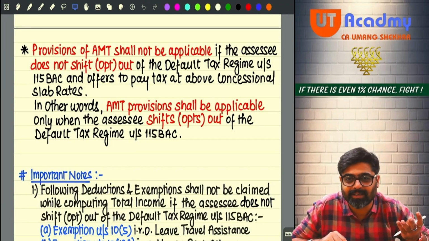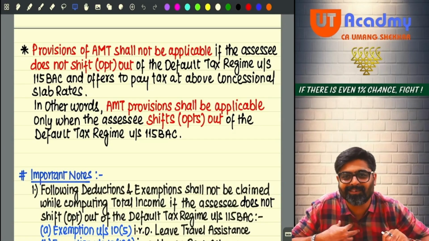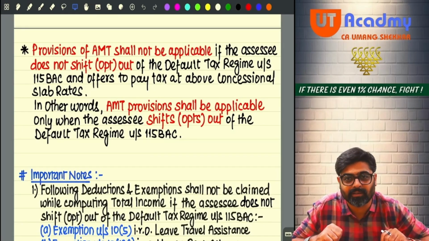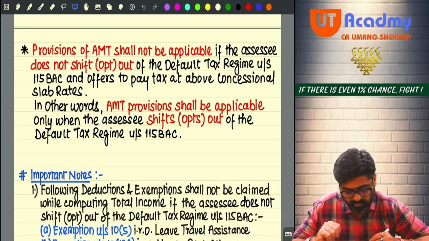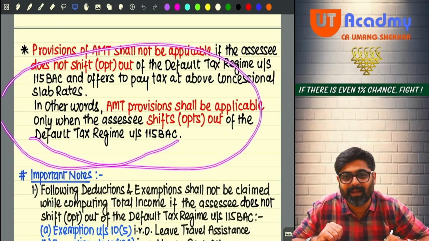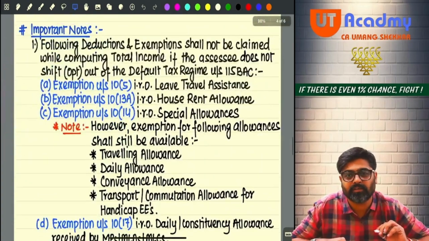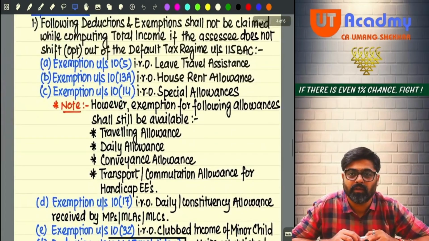Even if higher tax is charged in the form of AMT, we are going to get a credit, no? But what if higher tax is charged here? We are not going to get any credit for that tax. Yes or no? So they are trying to convince you, stay here, we will not apply AMT provisions. Getting my point? Now tell me, which all deductions are not allowed? Think from salary head. Do you remember salary head?